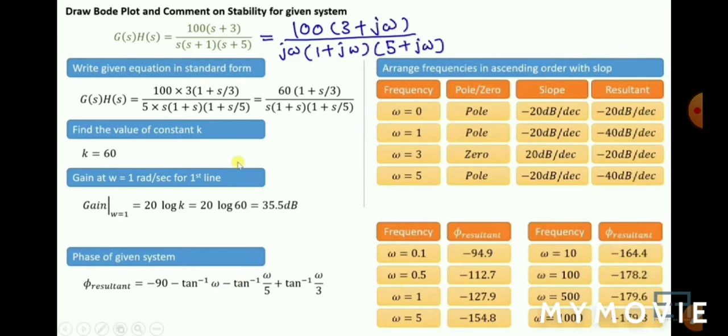Now we have the magnitude table and the phase angle table. We will take some other frequencies, omega equals 10 to 1000, and the resultant phase angle will be this much. From 0.1 to 1000 we will have the table. This is the semi-log sheet. We will discuss once again what the semi-log sheet is. It will be in terms of decades.